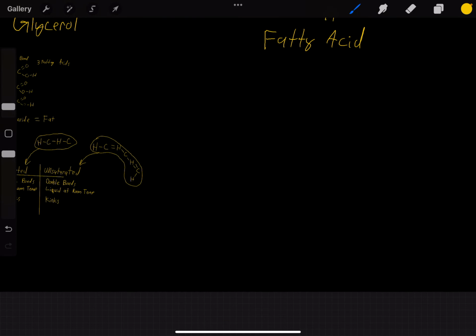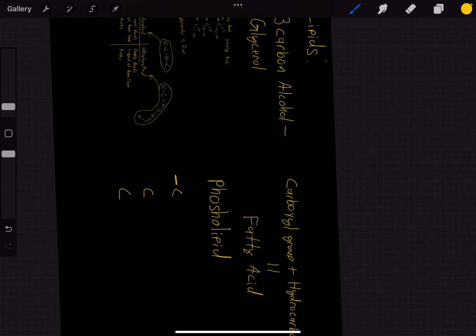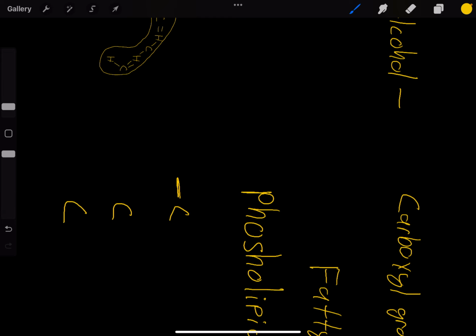Next thing we're going to talk about is phospholipid, which is again really important for your membrane, but this one we're just going to talk about the properties and how it's actually made. It basically takes the 3-carbon glycerol. It then uses 1 carbon to create a phosphate head.